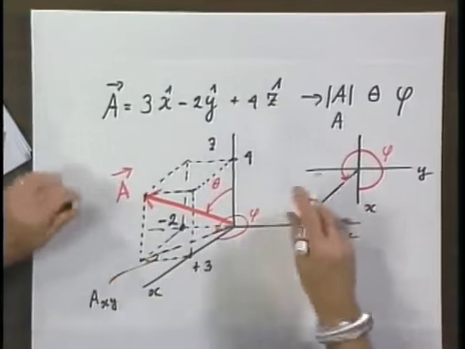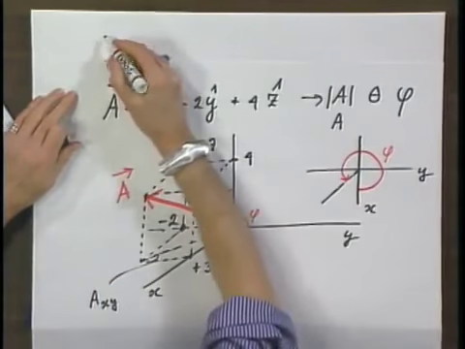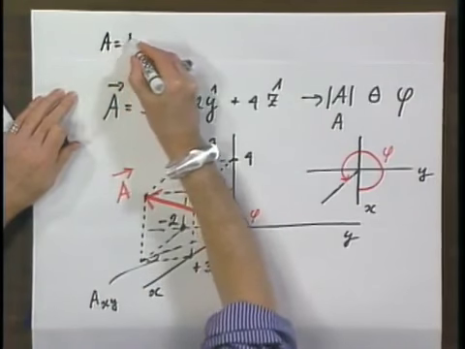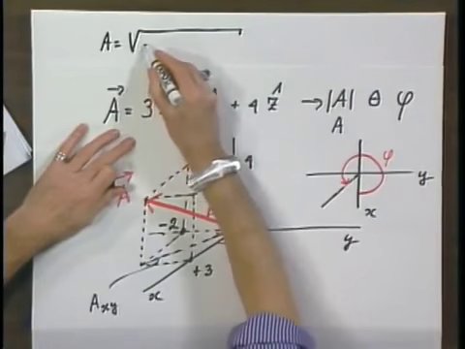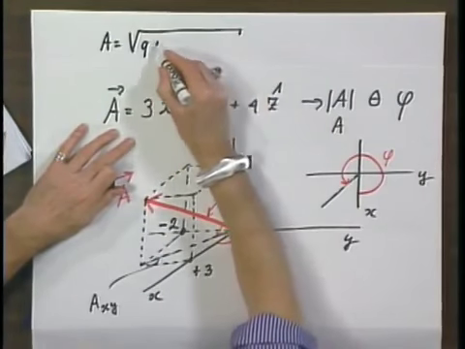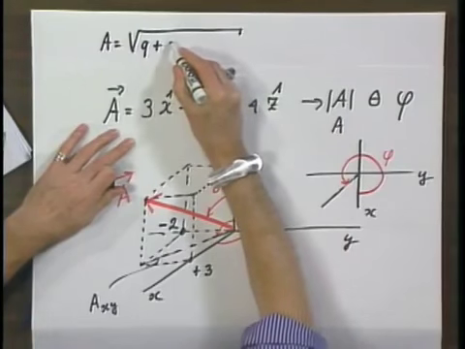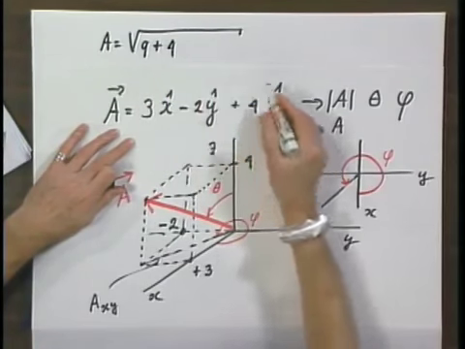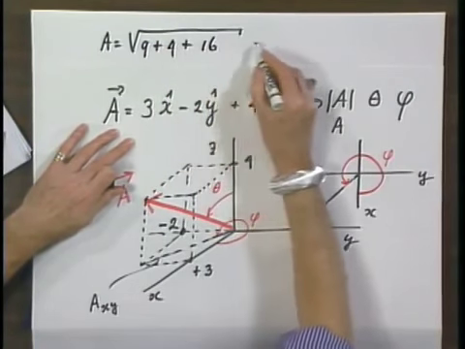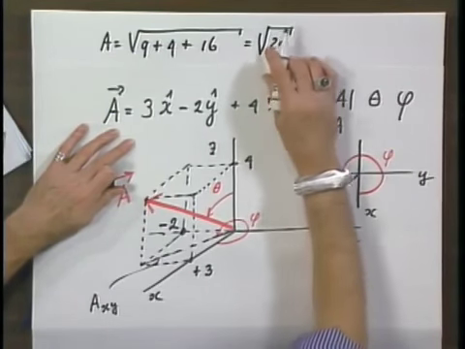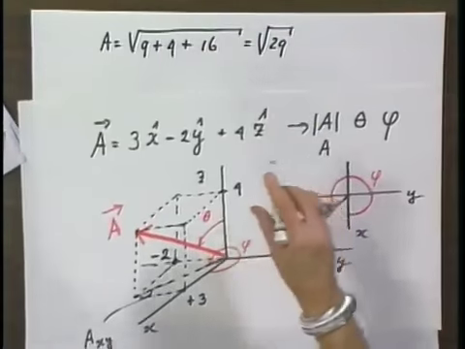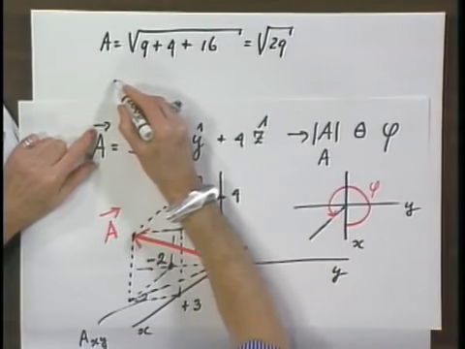Well, the magnitude is the easiest. A, the magnitude, is the square root of 3 squared, which is 9, plus -2 squared, which is 4, plus 16. So that is the square root of 29. What is theta?